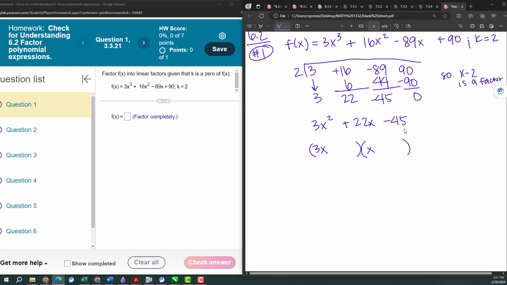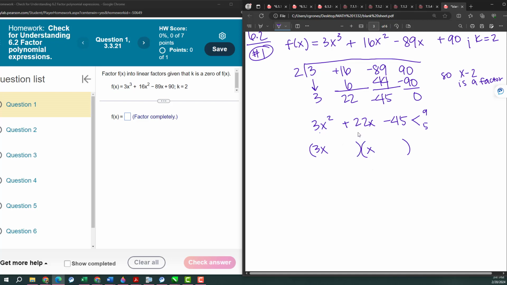And then at the very end, we have negative 45. So we need to figure out what two numbers can multiply to get 45. So we can do 9 and 5. Let's look at those two. And it is going to be negative, so one of these has to be negative.